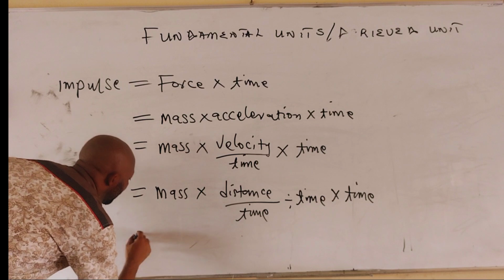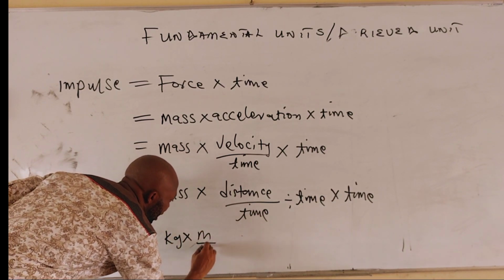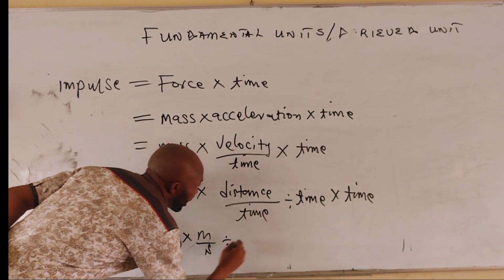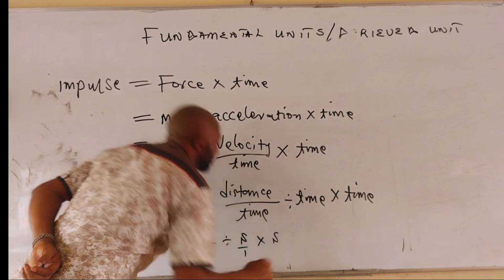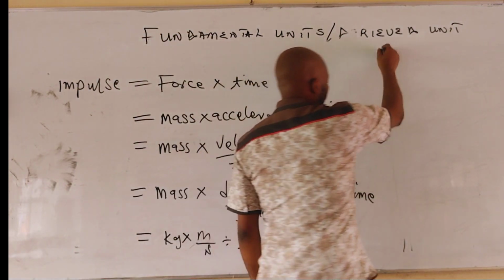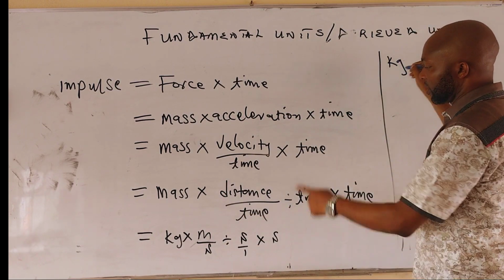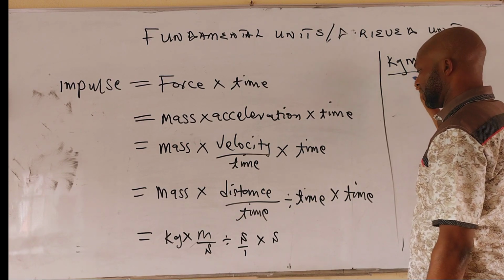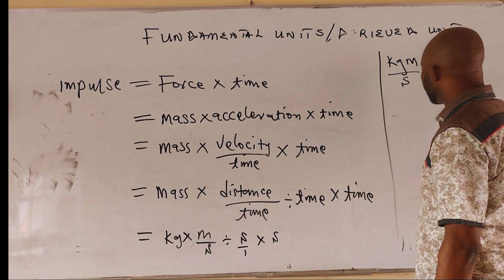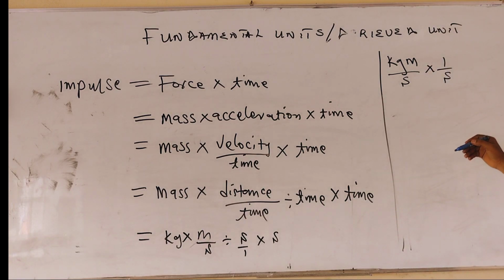Okay, let's break them down. This is mass in kg, and distance in meter over time in seconds, divided by time in second over 1 times time. So let's say kg times meter over second, which is time, times 1 over second times second.